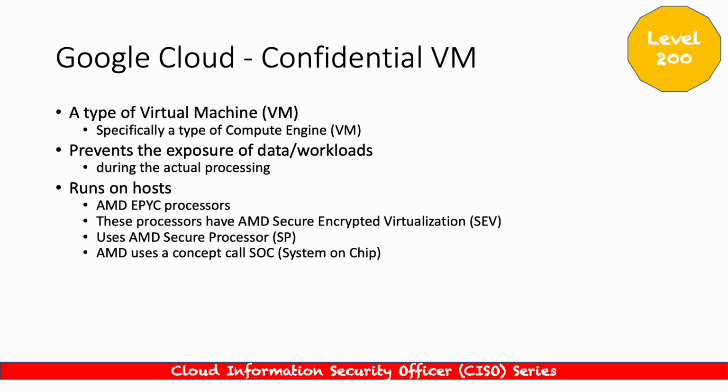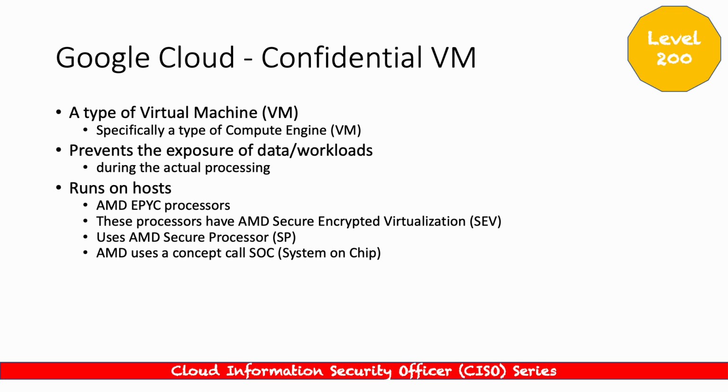And if we look at the magic, what makes Confidential VM possible is a lot of sophisticated hardware and technology that sits under the hood, right? Confidential virtual machines, by their nature, run on hosts that have AMD EPYC processors, right? These processors are cutting edge.